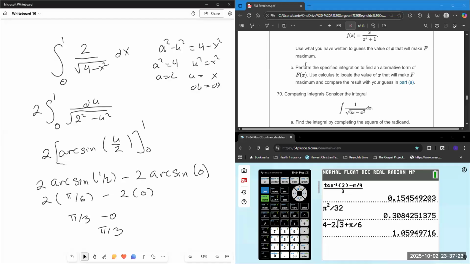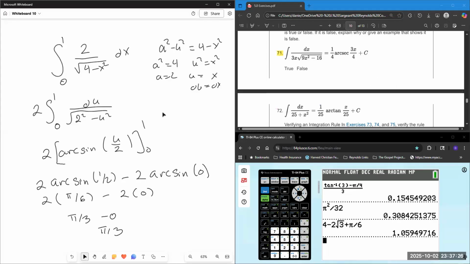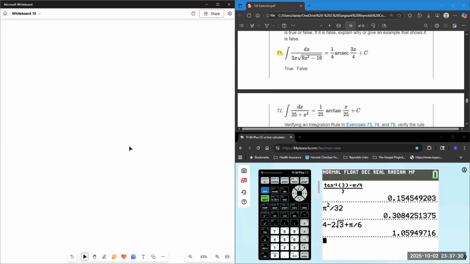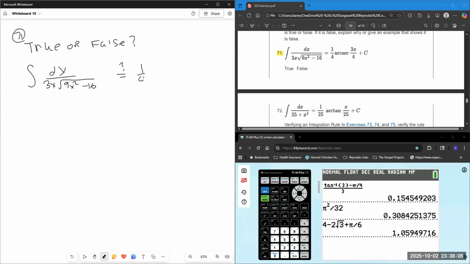Problem 71 is a true or false question. And it asks if the integral of dx over 3x root 9x squared minus 16 is equal to 1/4 of arc secant of 3x over 4 plus c.